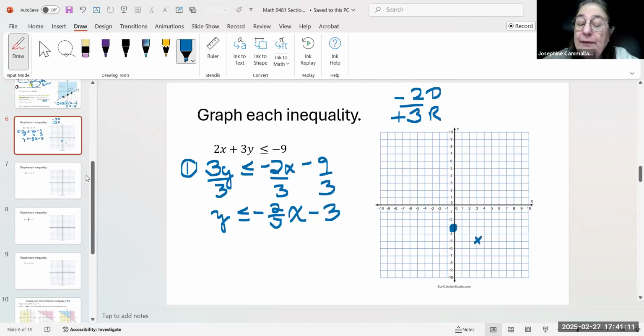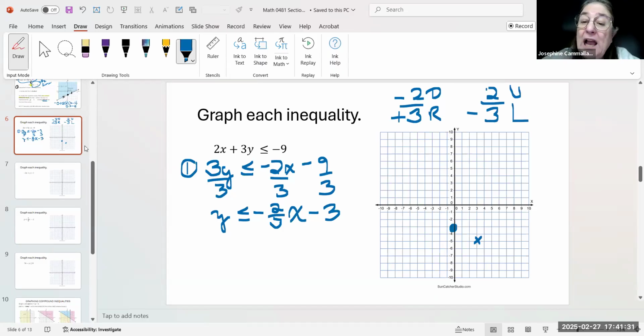I'm going to put a little dot right there. Down 2, right 3. But remember, I want that third point, which means instead of going down and right, I'm going to go up and left.